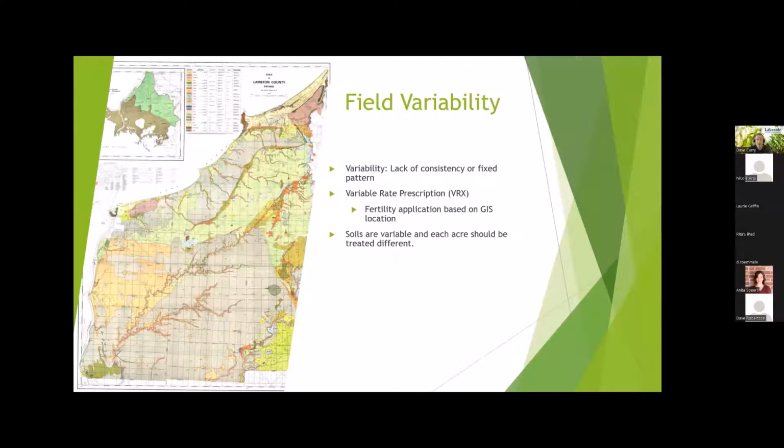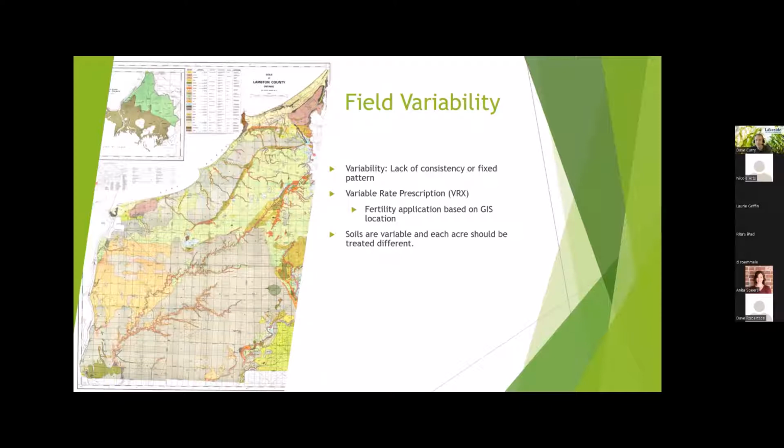So field variability. Variability, the definition is the lack of consistency or a fixed pattern. And variable rate prescription, or VRX, is all about applying fertility based on that GIS location in the field. Soils are variable, and really each acre almost should be treated differently.